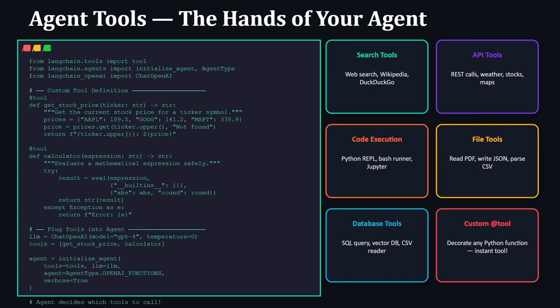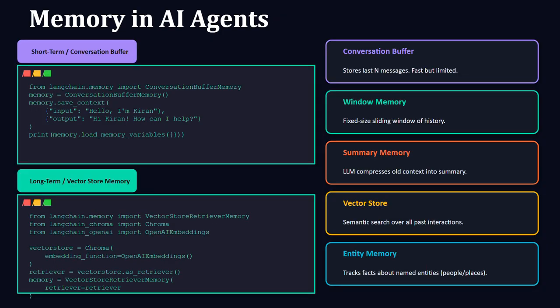Now agent tools: these can be API tools, code execution, file tools, data tools, and custom tools. For memory in an agent, there are two types of memory we can include: long term and short term. As per our requirement, we can create memory objects and define them the same way.